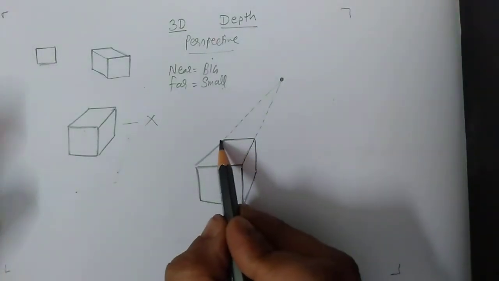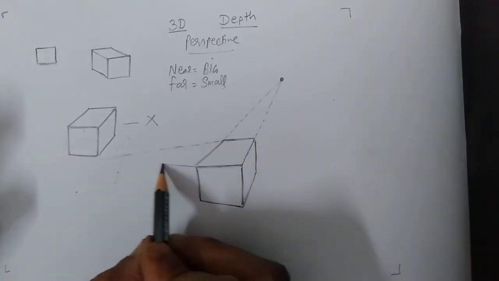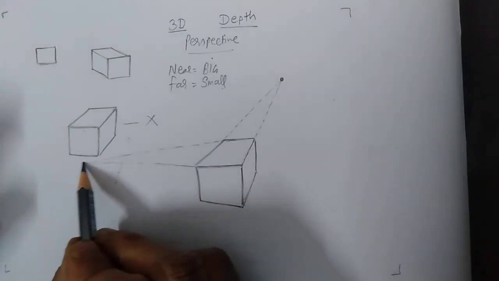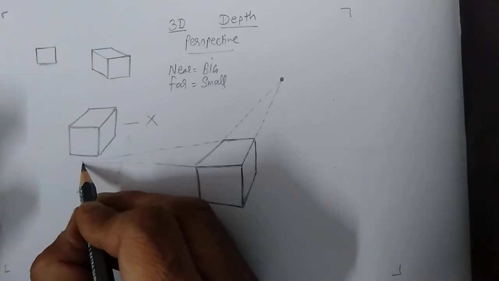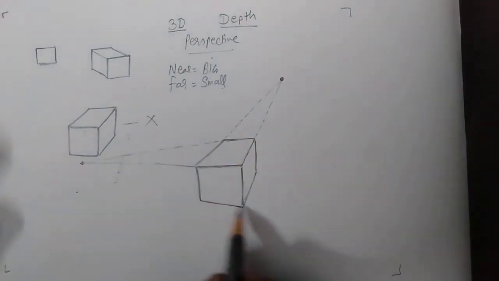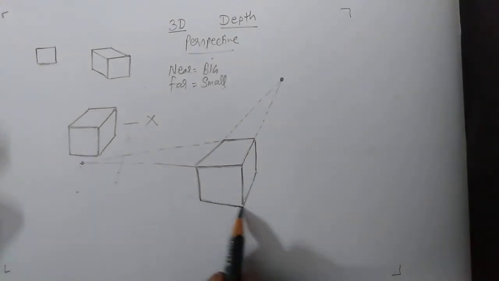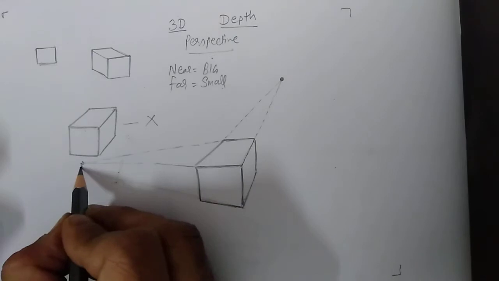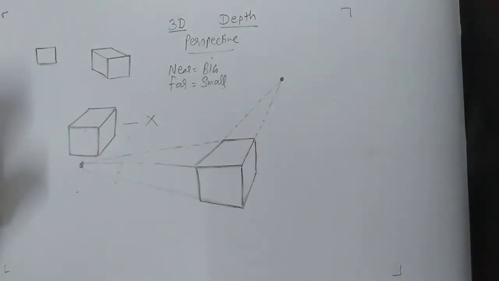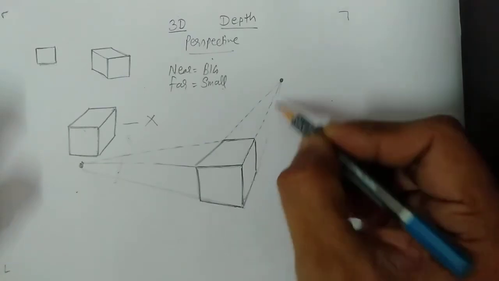If we extend this line, after some time they will meet at this point. In fact, if we extend this line, this also will meet at this point only. Alright, in fact this will also meet over here.